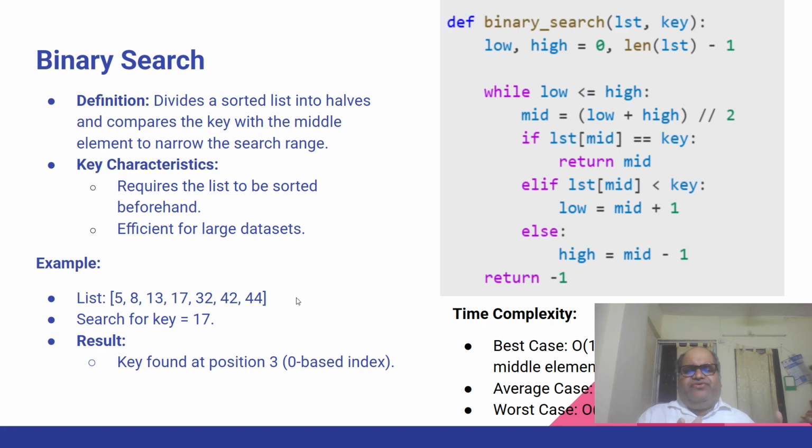Otherwise, you know that if your key is present, it will be from mid + 1 till the end. So that's how every comparison makes redundant one half of your array.